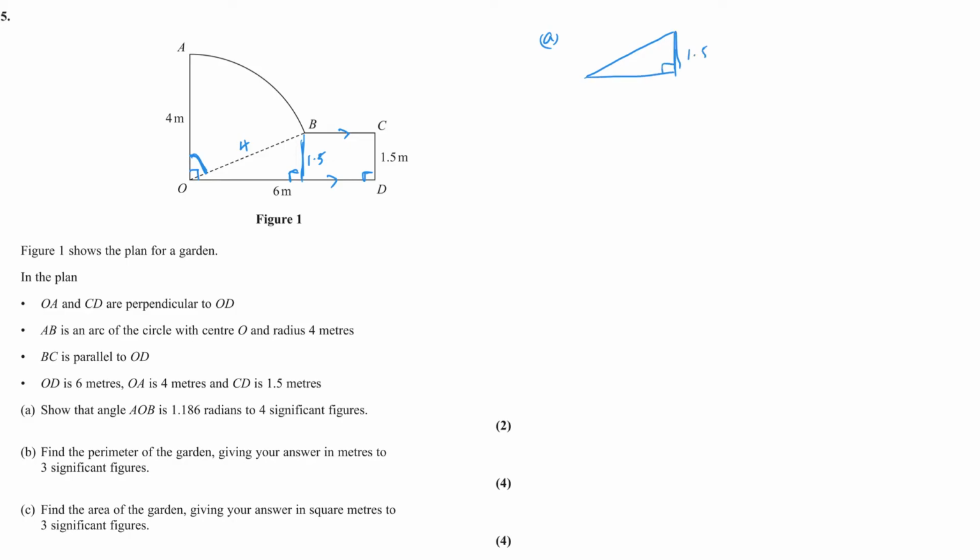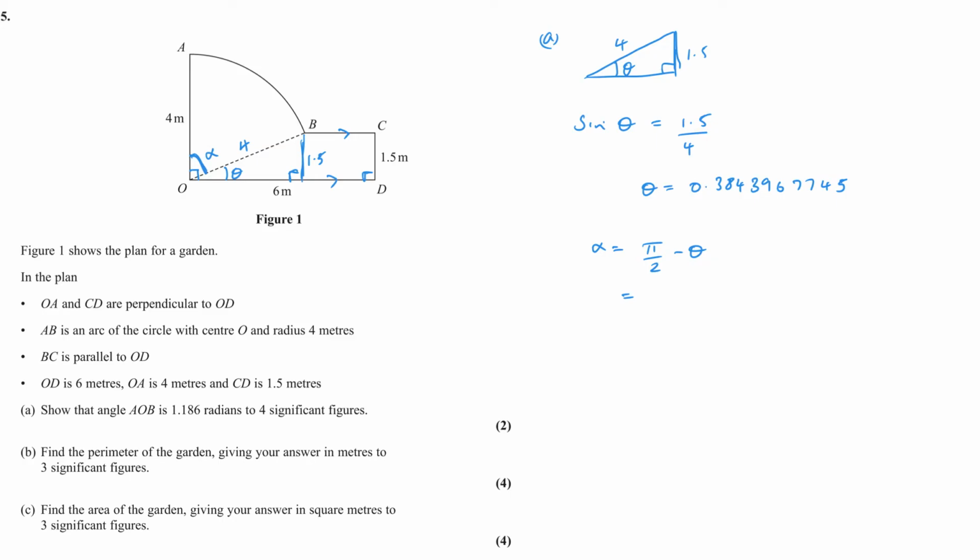So 1.5, 4. So I'd find this first, so opposite over hypotenuse, so sine theta, and I call this alpha, and that theta then. So sine theta is 1.5 over 4, so theta equals 0.3843967745, just putting down the full values in the calculator there, and then alpha, which is what I want to find, is 90 minus that theta.